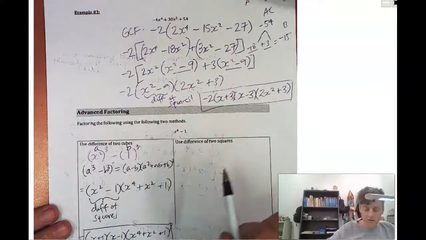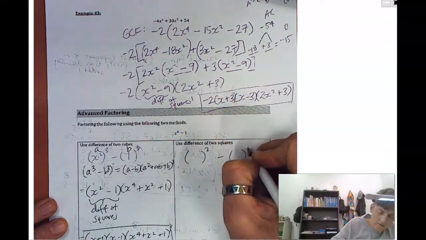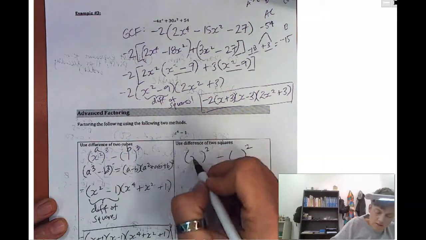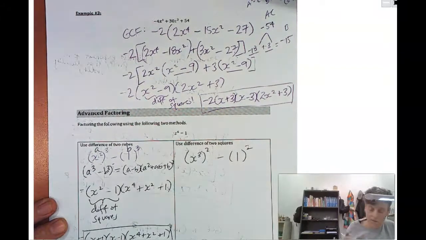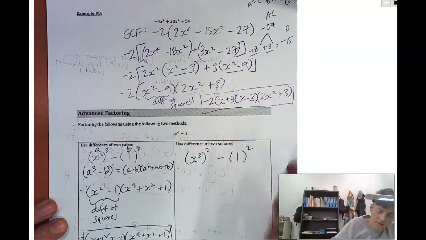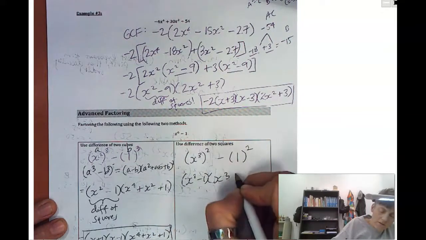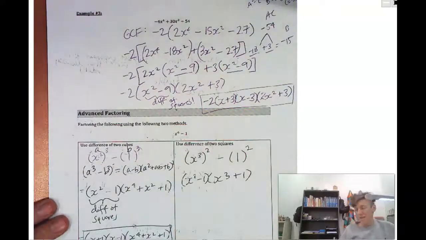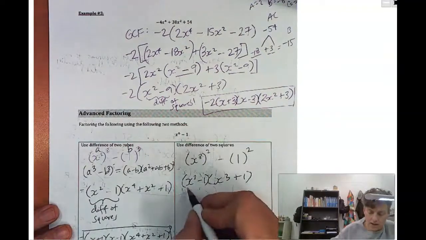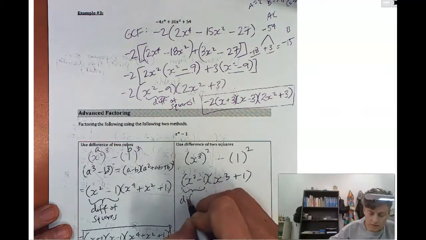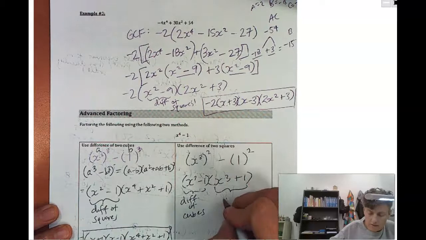We could also factor this doing a difference of squares. Well, what would that be? This would be x cubed squared minus, again, just 1 squared. Our difference of squares would factor to x cubed minus 1 times x cubed plus 1. But then what do we see here? I see a difference of cubes and a sum of cubes.